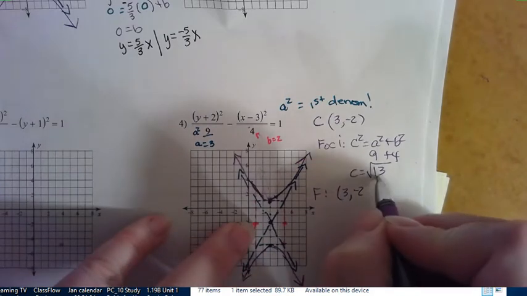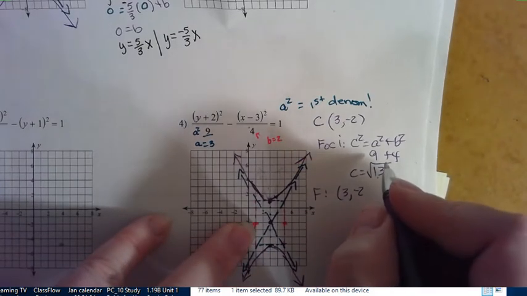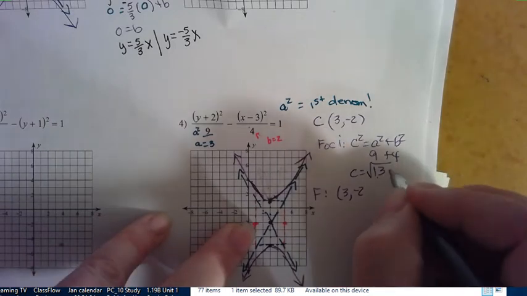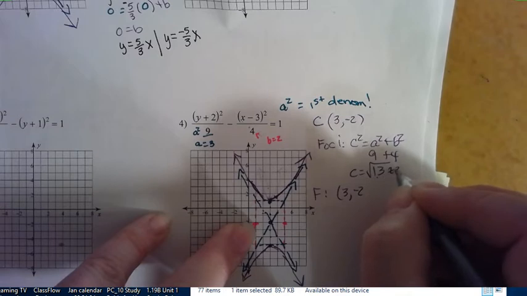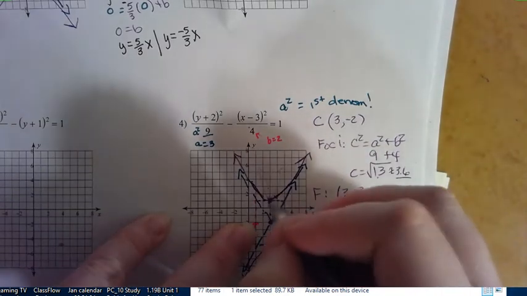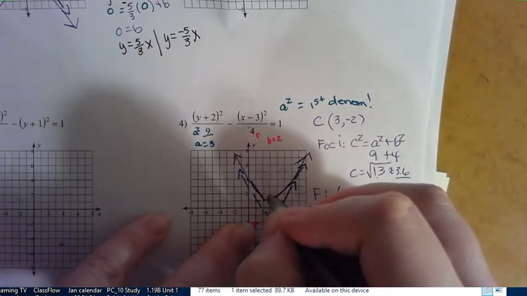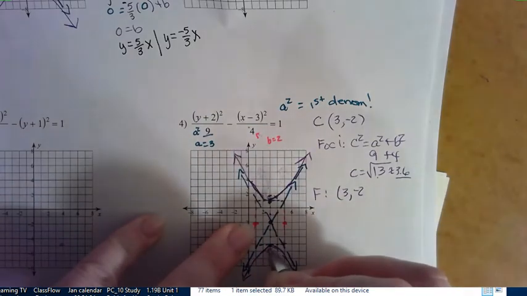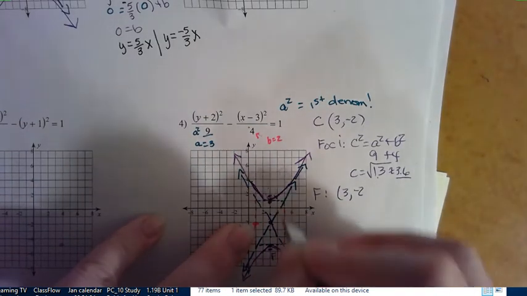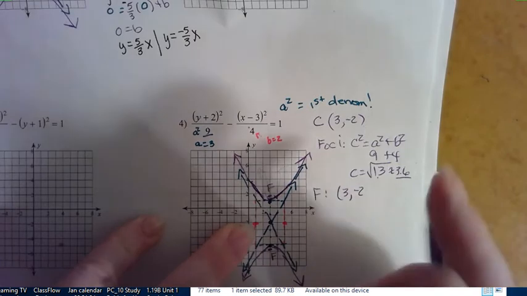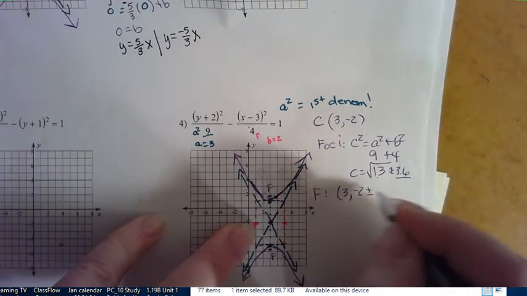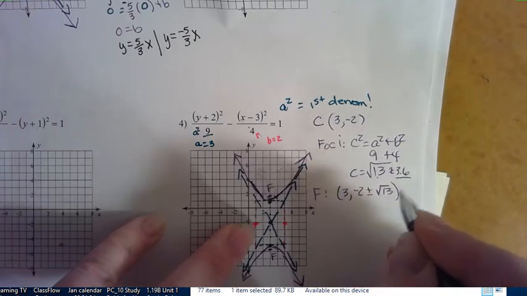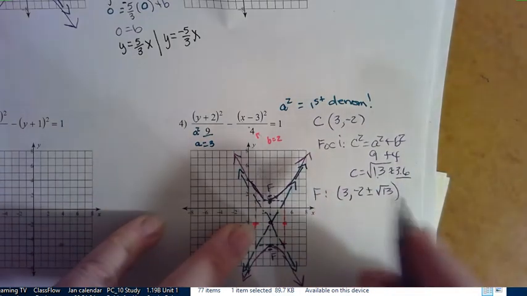So you're at negative 2 plus or minus the square root of 13. Oh, so that's about 3.6, somewhere in that ballpark. That's an ish. So 3.6 is somewhere up here, somewhere down there. That's your foci. But the point of this is not necessarily plus or minus square root of 13, how to find the foci. It's how to find those equations.